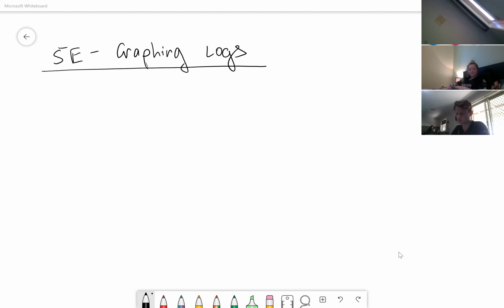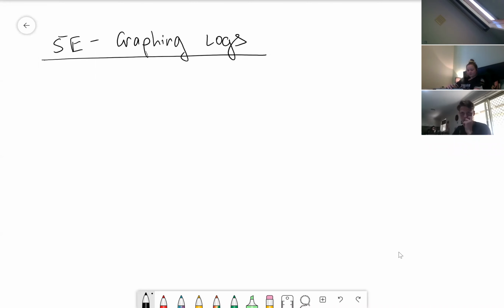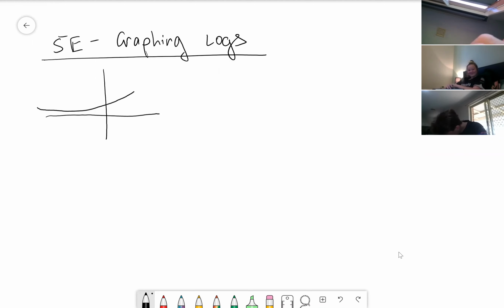Okay, so to graph a log, did you do any log graphing last year? Yeah. Okay. When we did exponentials, we looked at a few main things. We looked at the intercept here at x equals 0.